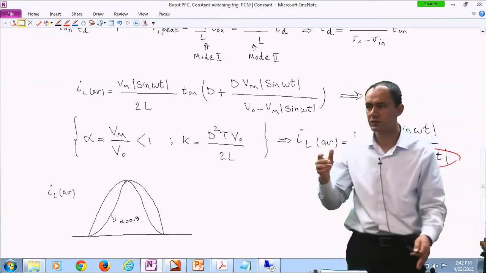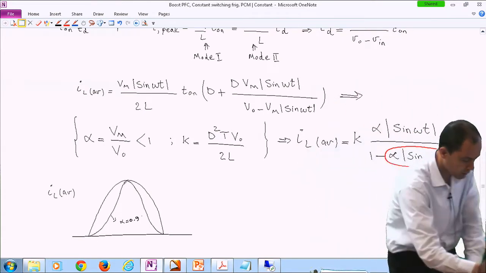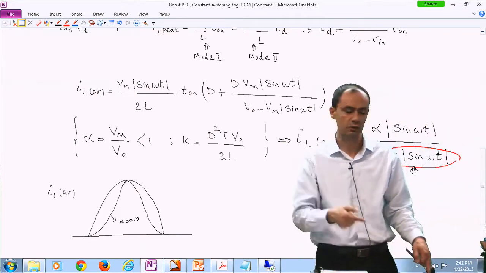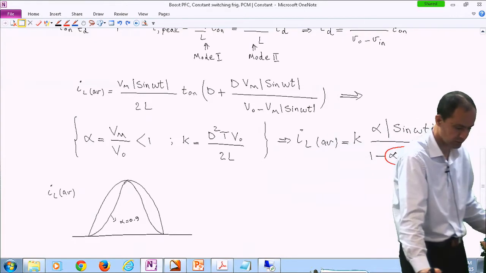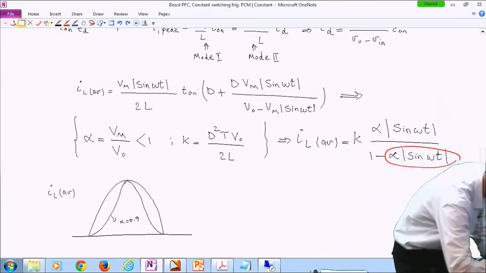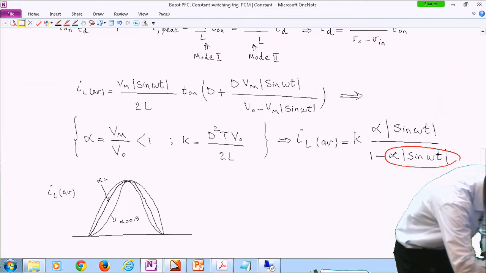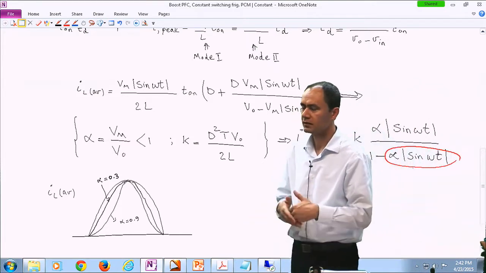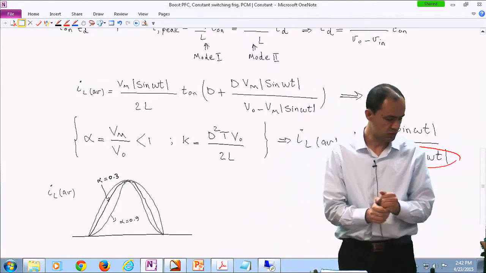But if I make alpha smaller and smaller, this portion will be smaller and negligible compared to 1. So I'm expecting to get closer to an ideal sine form. For instance, if alpha is 3, I get something like this.